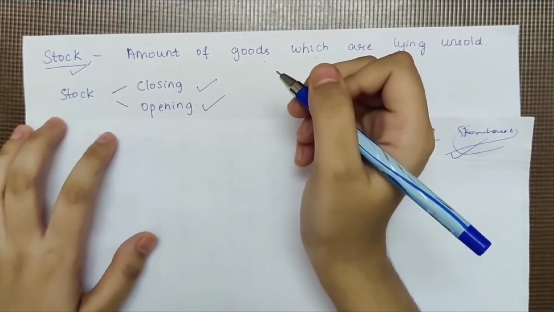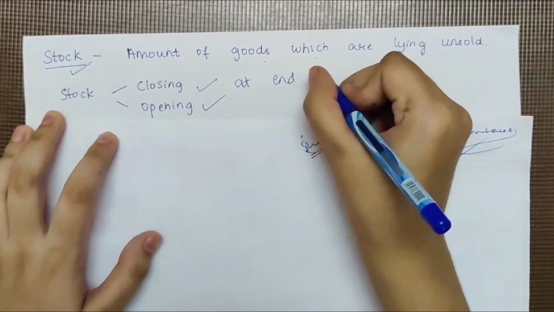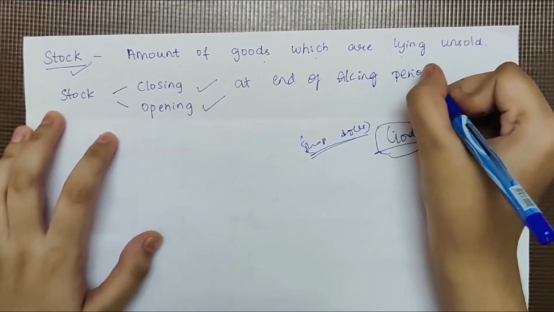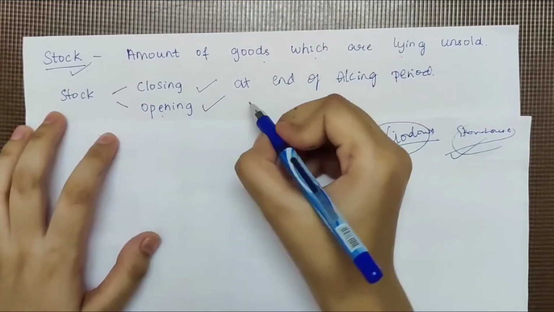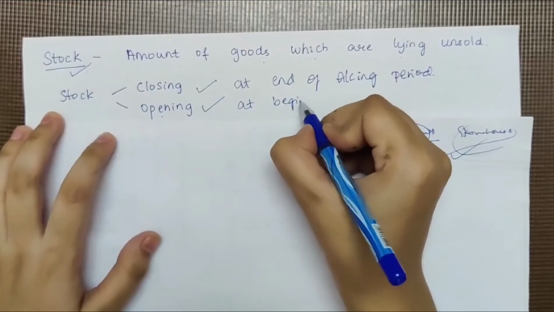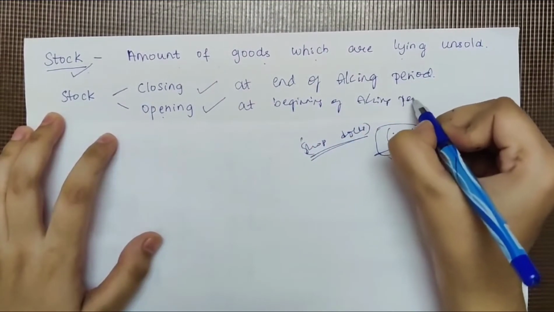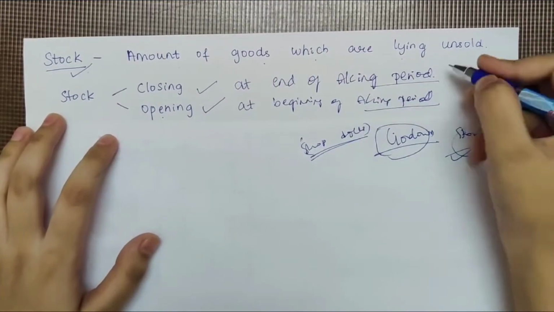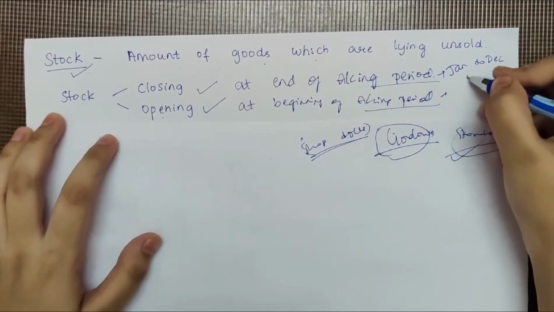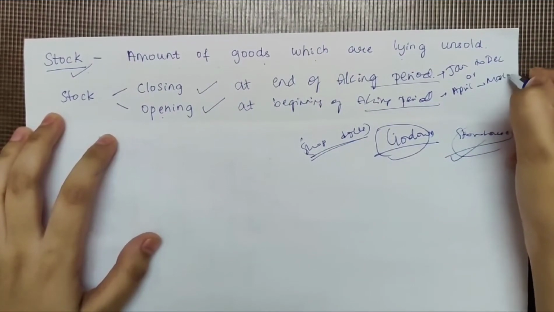Closing stocks are the stocks which are lying unsold at the end of the accounting period. And opening stocks are the stocks which are lying unsold at the beginning of the accounting period. The accounting period may be from January to December or from April to March.